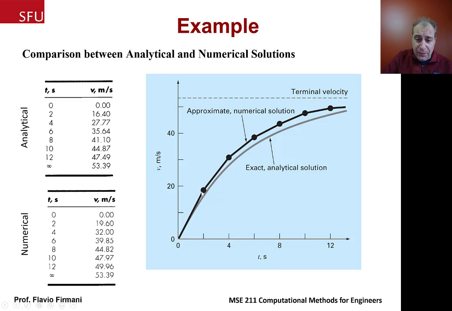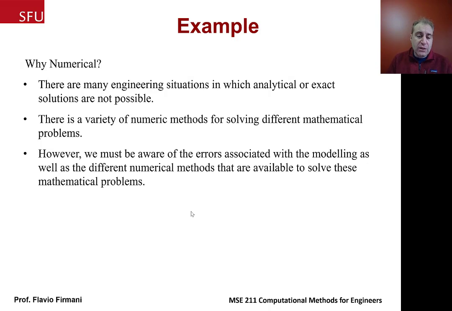So after 2 seconds, we're going to reach that velocity. After 4 seconds, we're going to reach that velocity. So there is going to be this error between the two simulations. Now, if we reduced the step size, we're going to get a much closer representation of what the real or the exact solution of the problem is.